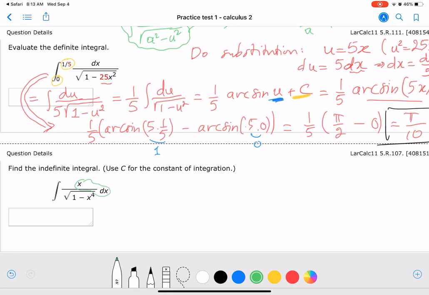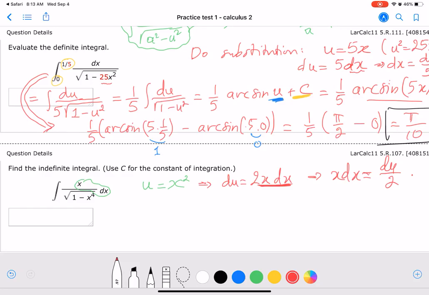If you see that combination, it is likely that we need to do the substitution u equal to x squared. Why? Because if we put u equal to x squared, we get du is 2x dx. So you already have the combination x dx in here. That is very useful. So you have du over 2.